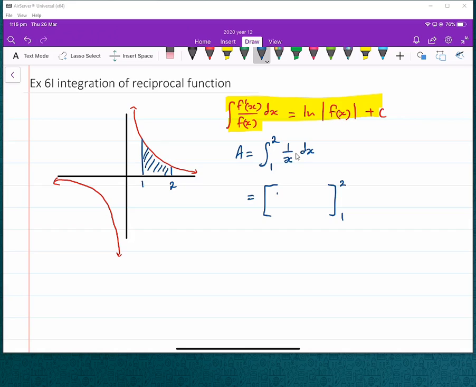So this is our ln of x. We can look at it and see how this works. That is our f of x, and the derivative of f of x is at the top, just there. So it makes sense. We've got our function, and then we've got the derivative above it. If you have a function and the derivative above it, then we'll use ln.